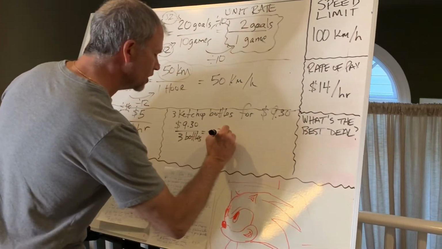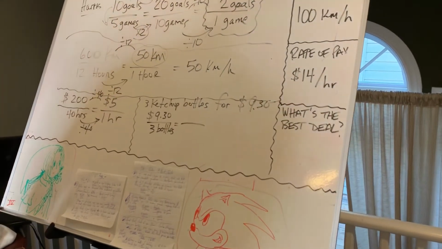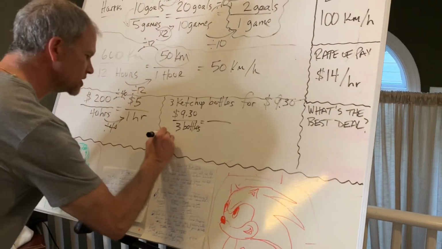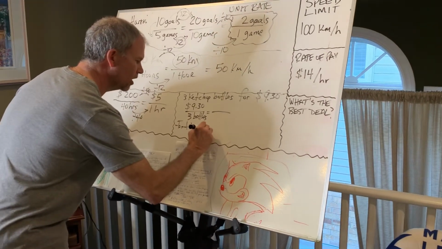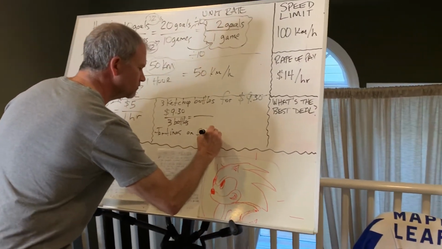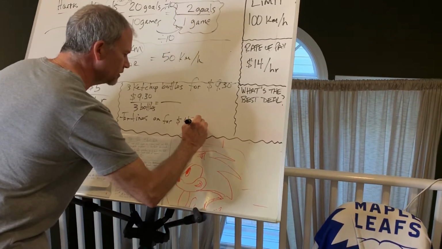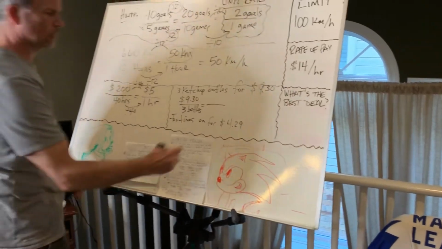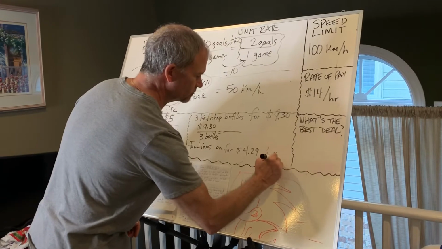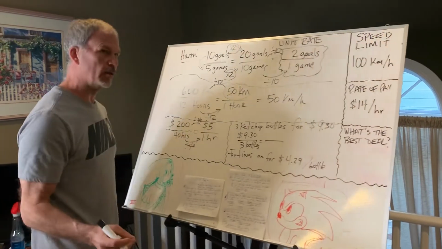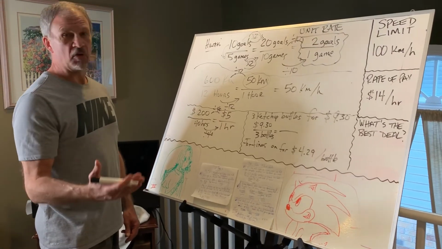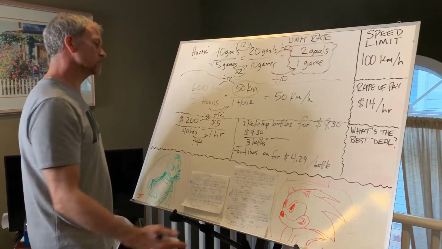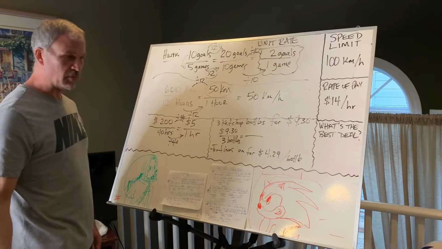Okay, so how much is it? If I want to know, you know what? Fortino's has ketchup on for $4.29 per bottle. So, you know, if I have room in my cupboard and I can store 3 ketchup bottles, I probably want to get the best deal, right? So here's $9.30 per 3 bottles.